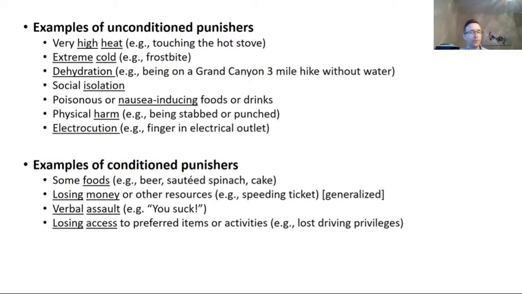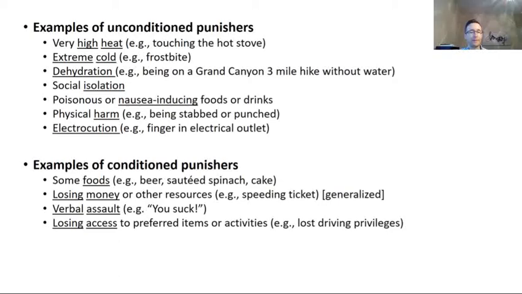Losing access to preferred items or activities. All right, lost driving privileges, for example. Well, it depends. It depends if those items or activities were reinforcers for a given individual, and if they were, then their loss or removal is likely to function as conditioned punishment.